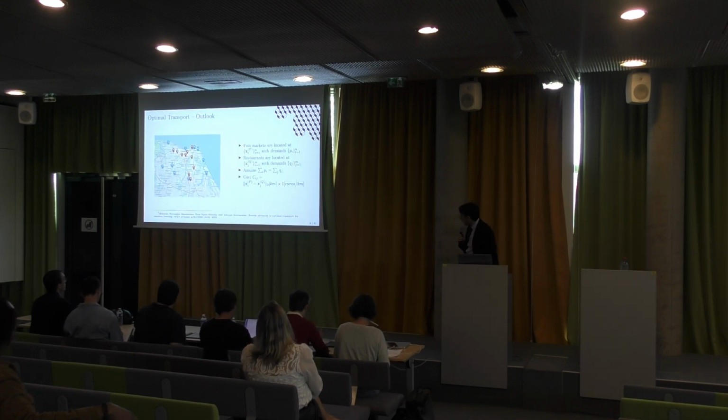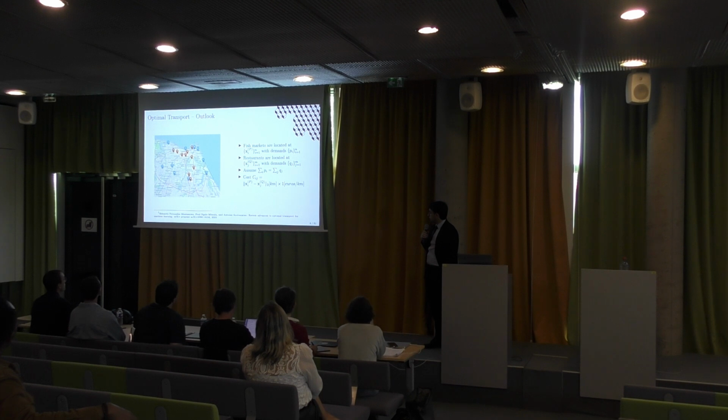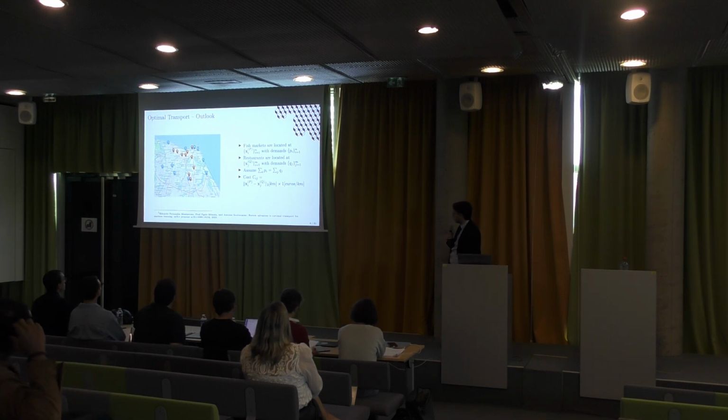To motivate optimal transport, I picked a personal example from my hometown of Fortaleza. Here you see the map of Fortaleza, and you have fish markets and restaurants. The fish markets want to sell fish to the restaurants, and imagine that you yourself are the manager of the city, and you want to do this transportation at the lowest cost possible.